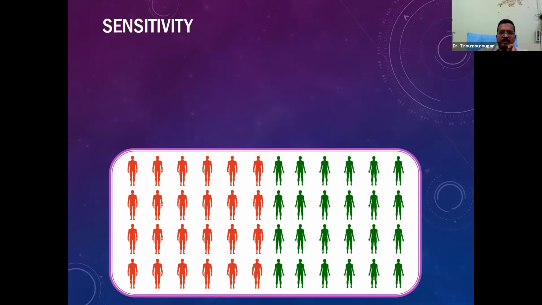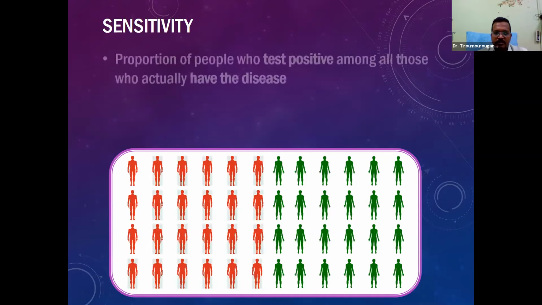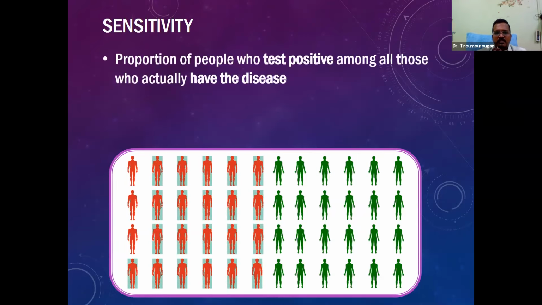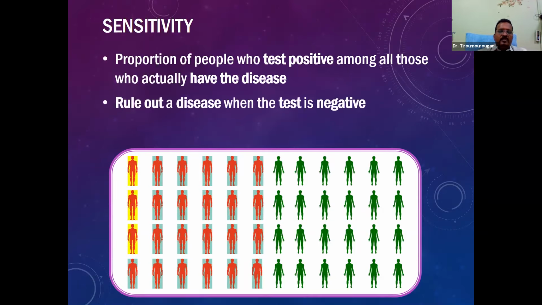Now let me say that I want to do a test and I get a sensitivity of 70% or whatever. So what does it mean? Sensitivity basically tells me that among those who have the disease, how many are positive. As you can see here, the ones highlighted in green are picked up by the test, and the ones highlighted in yellow are missed.